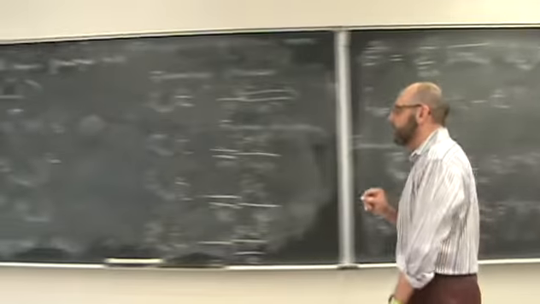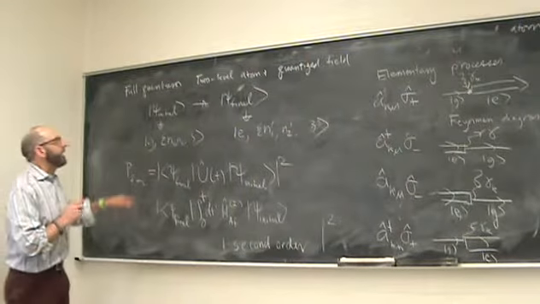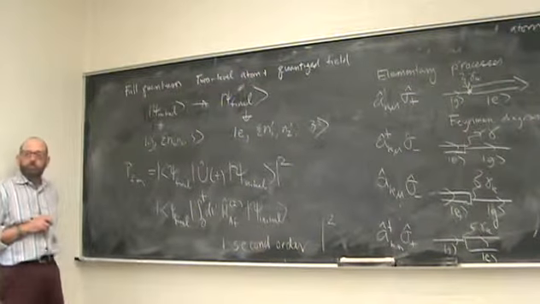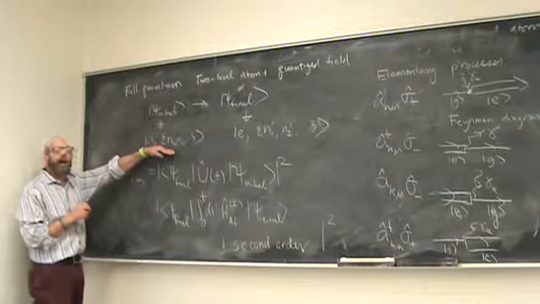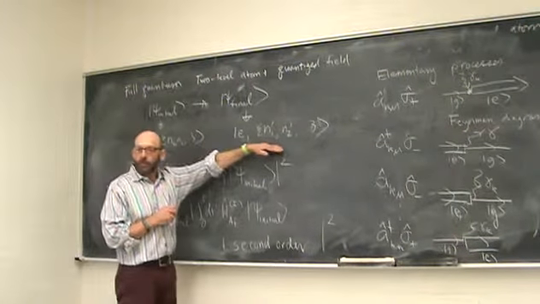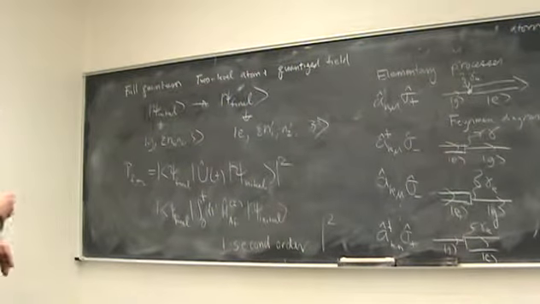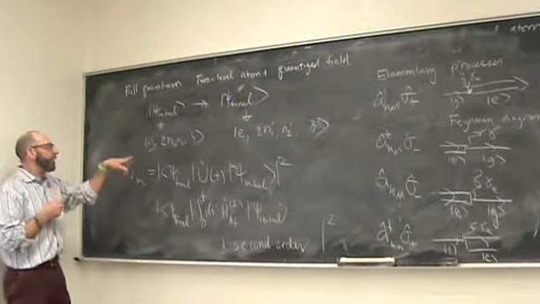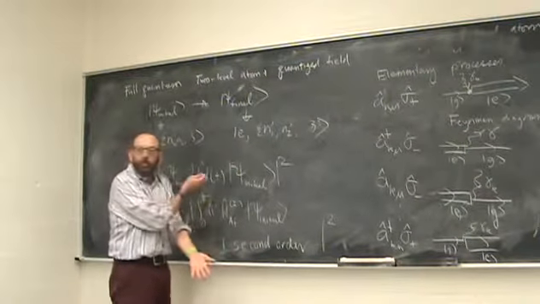So now, here is the point. If we take the initial state to be one of the eigenstates of the free Hamiltonian, and the final state to be some other eigenstate of the free Hamiltonian, and we ask, what is the transition amplitude from here to here? Well, it evolves.